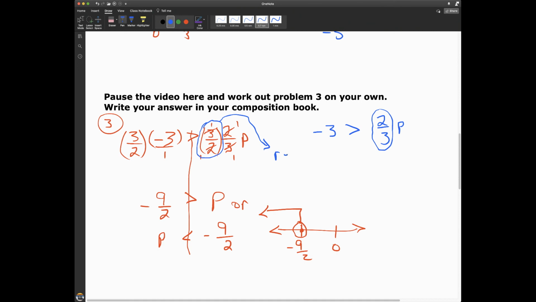It's called the reciprocal. So I multiply both sides by 3/2. I multiply the right side by 3/2 because there's all this canceling, and it just leaves me with p all by itself. And then over here, it just so happens this time there is no canceling. So then I just multiply numerators and denominators together, and I get -9/2. It's greater than p, or p is less than -9/2, and then I graphed it. All right, so that's how that works.